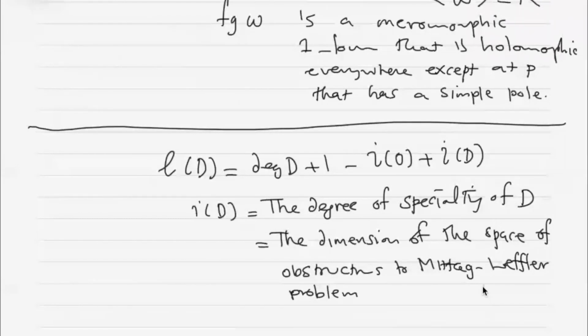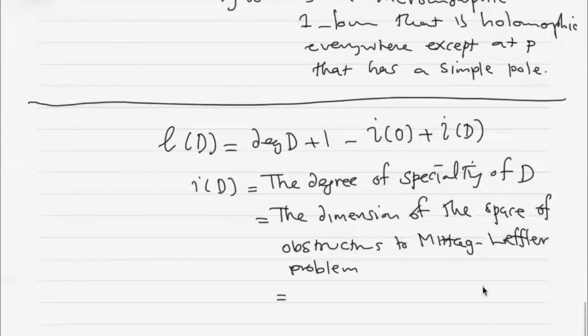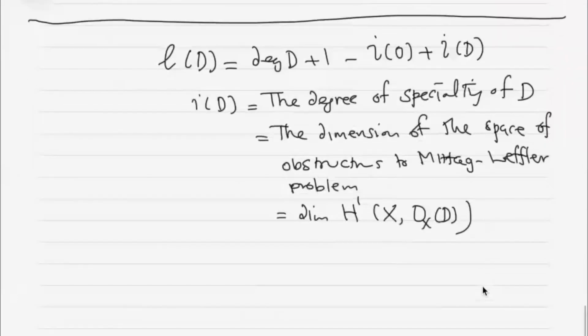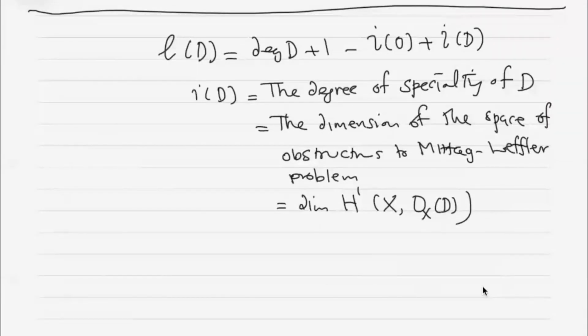In modern language, it's the dimension of the first cohomology of X with coefficients of OX of D, where OX of D is the line bundle associated to D. I defined it in the previous lecture also. And since I don't want to talk about cohomology today, I want to try to define it in other terms.